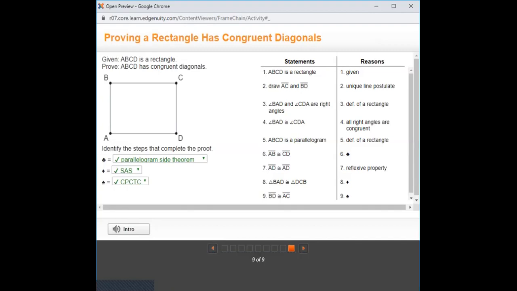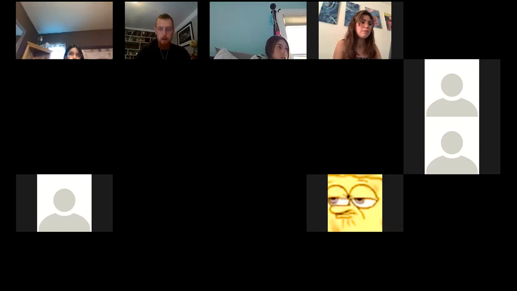So they're giving us a statement in step 8, triangle BAD. We're going to draw this out together and look at it. Triangle BAD is congruent to triangle DCB. So let's look at what that triangle looks like based on what they've told us so far.